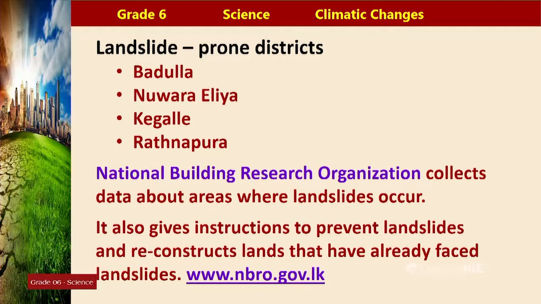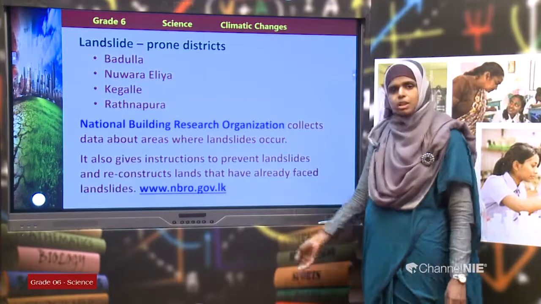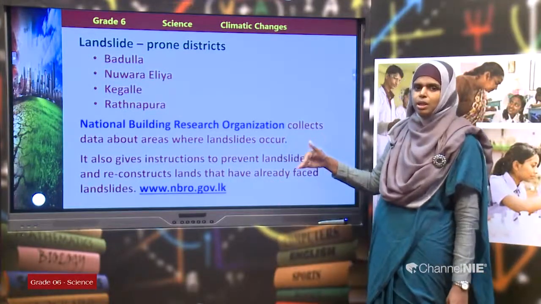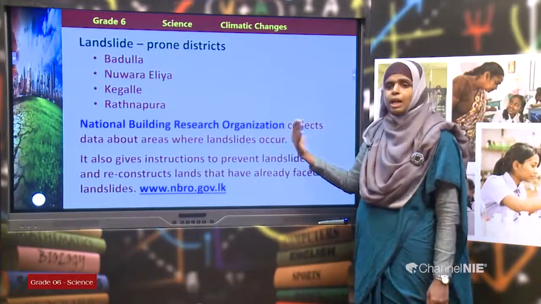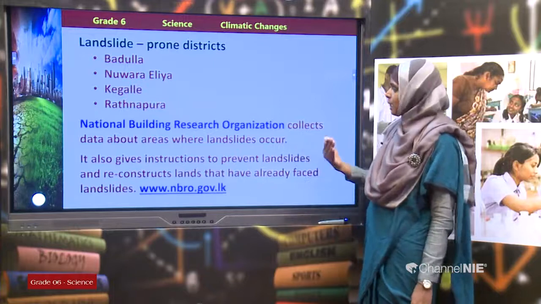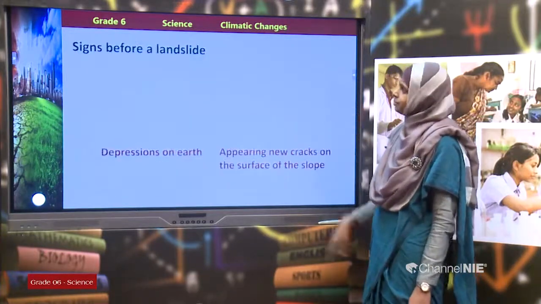It also gives instructions to prevent the landslide and reconstruct lands that have already faced landslide. They make modifications in the areas in order to prevent future landslides if they have already occurred, children. So, you can visit their website and get more details on the landslides, what is their task, how they help people living in landslide prone areas, districts, from this website.